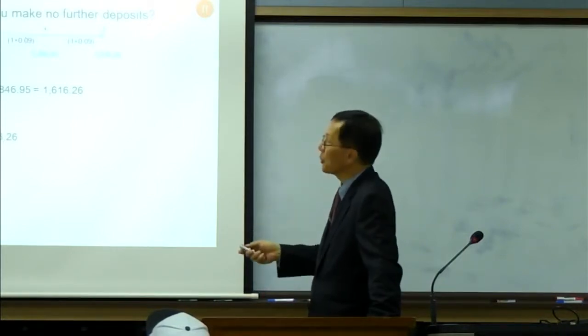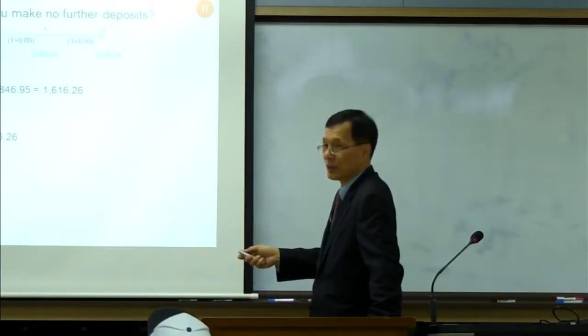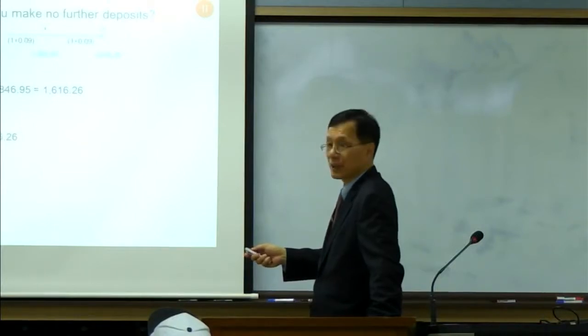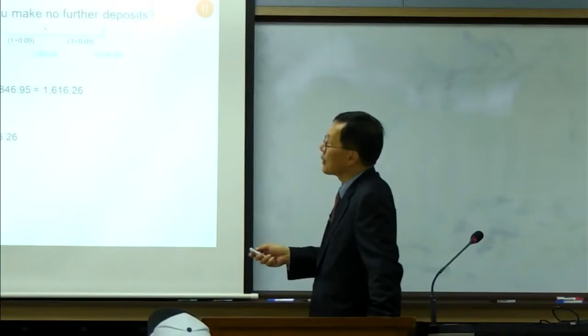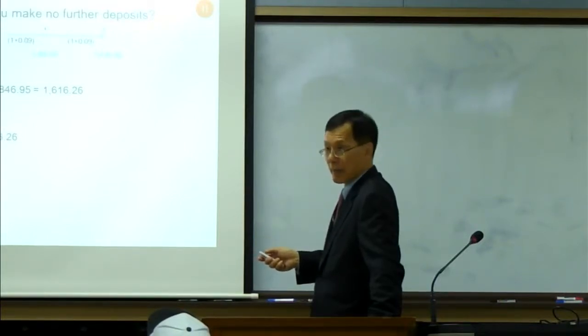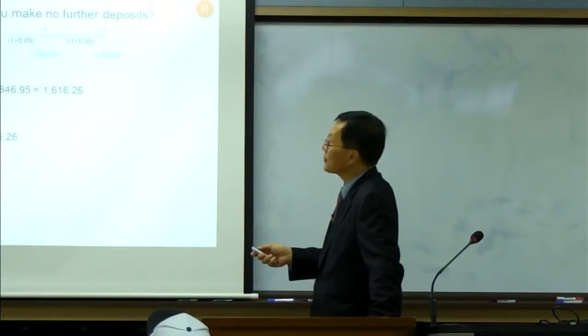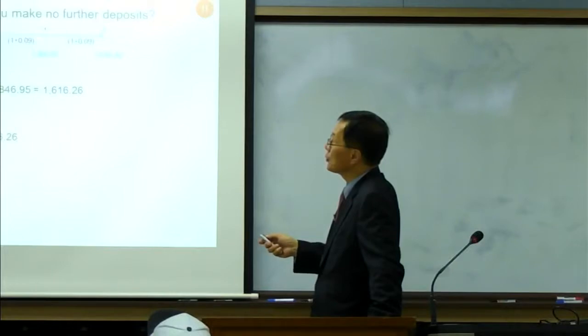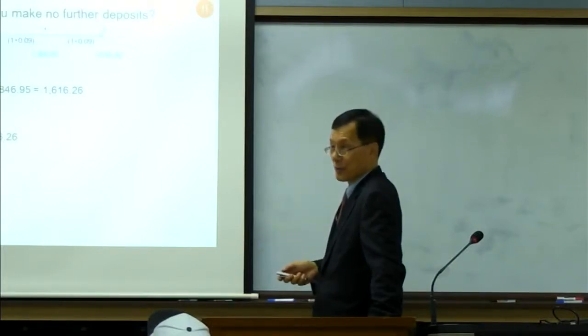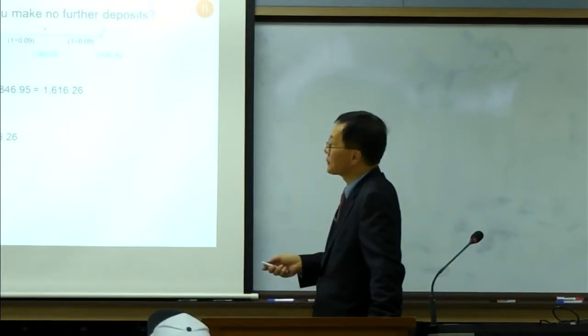So remember, you had 500 in year 0, and you put 600 in year 1. Okay. And in year 2, your account value is 1248, correct? And that is invested at 9% for 1, 2, and 3 years. This is how you computed it.